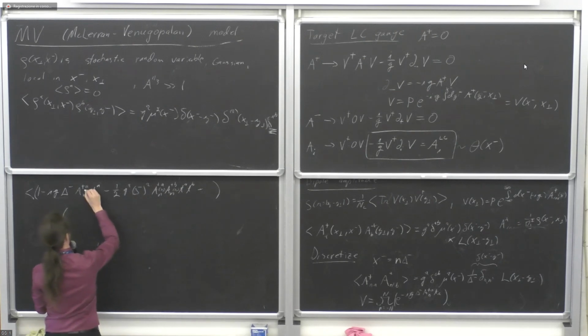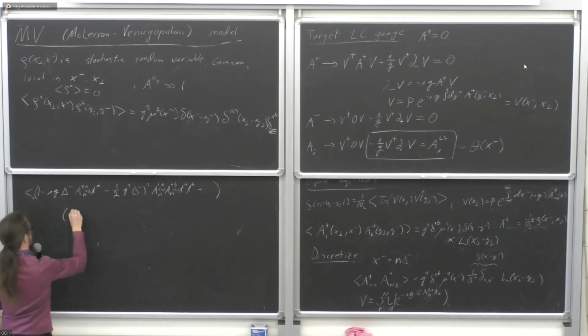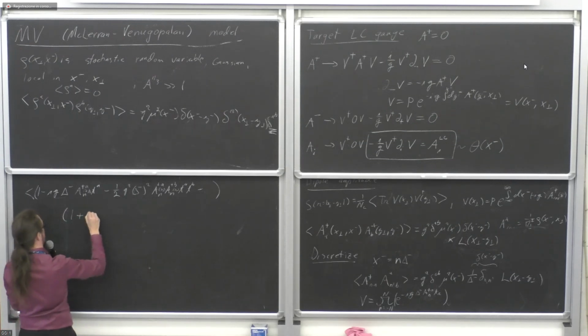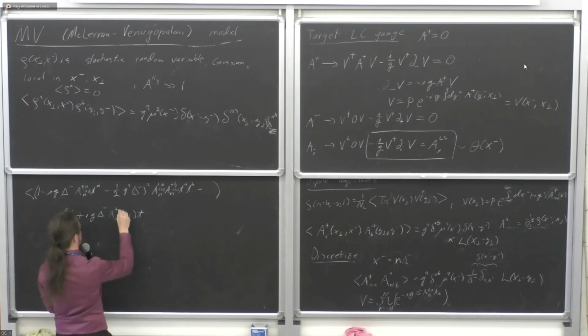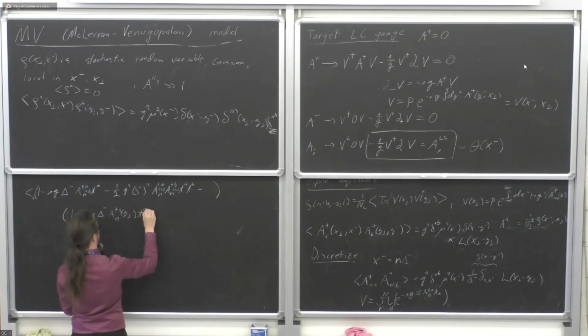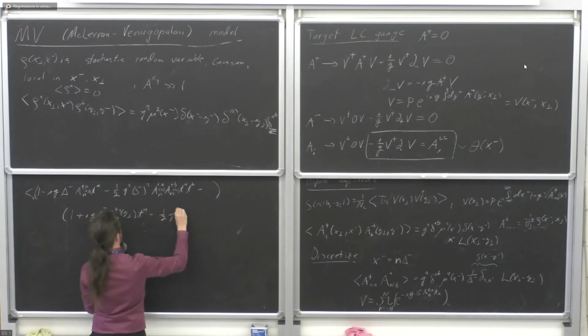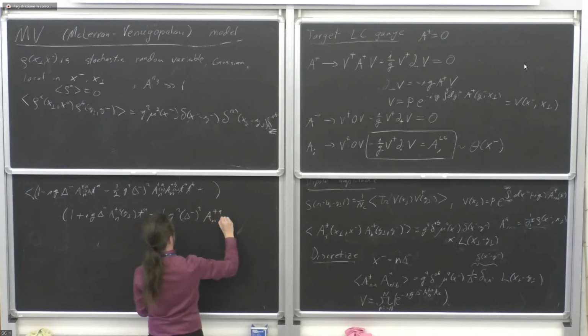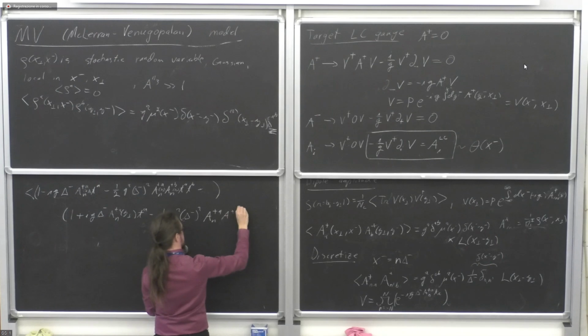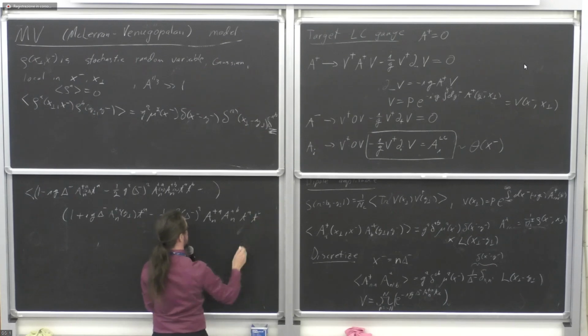From the other one, I get 1 plus, it's the Hermitian conjugate, i g delta minus A plus a at the same n, now at y perp, t a, minus 1/2 g squared delta minus squared A plus n a and A plus n b, t a t b.